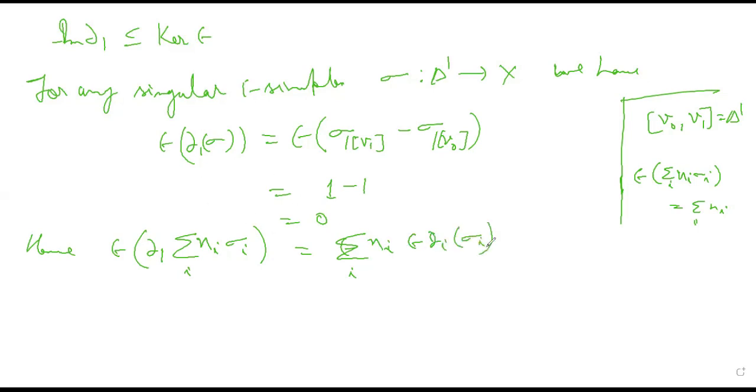This is 0. What is this? This is an element of C1 x. Okay. So because this is 0, this is basically in image boundary 1, because every element in this will be of this form.